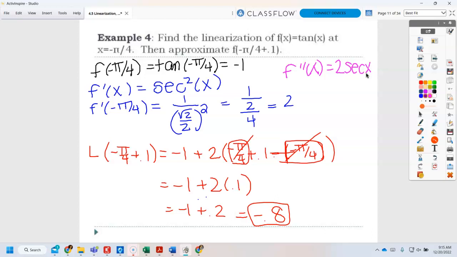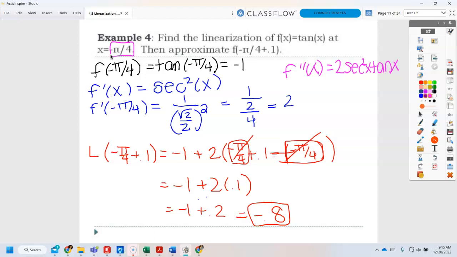So 2 times the inside, times the derivative of the inside, which is your secant tan. So I would end up with secant squared tan x, and then what you could do is find that value at this point, and then use it to be positive or negative to determine concave up or concave down.